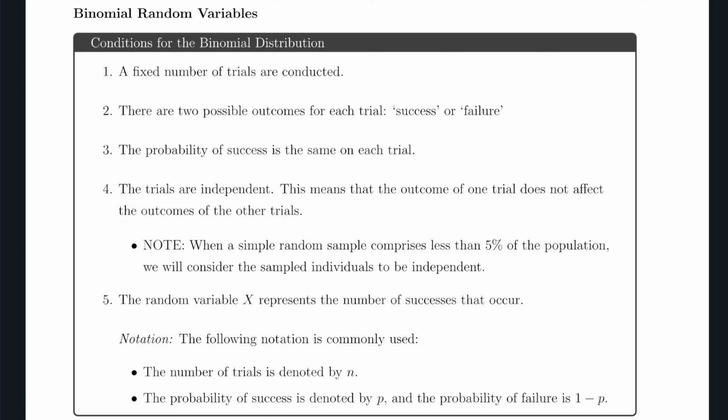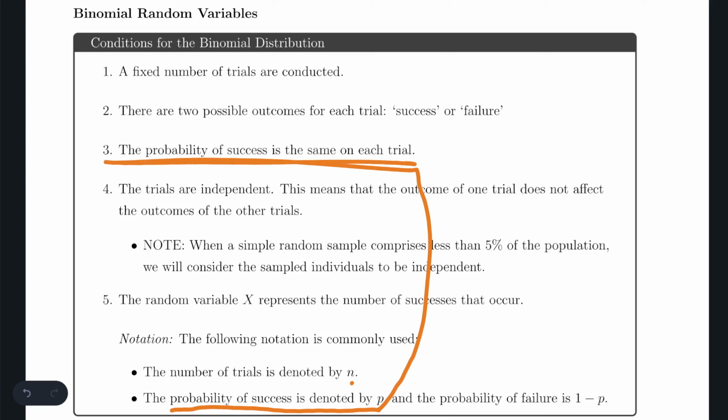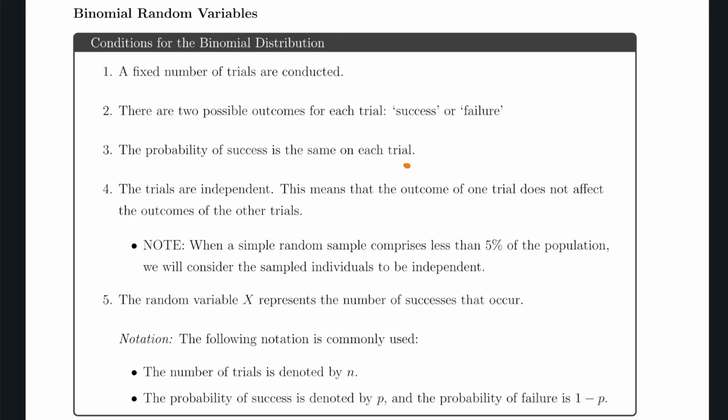Now a little bit about notation. In our binomial distribution or binomial random variables, often the number of trials is indicated by this n. And the probability of success for each trial, because each trial has the same probability of success, is p. And then we know that if something is only success or failure, you've only got two conditions. Either it's successful or it's not successful.